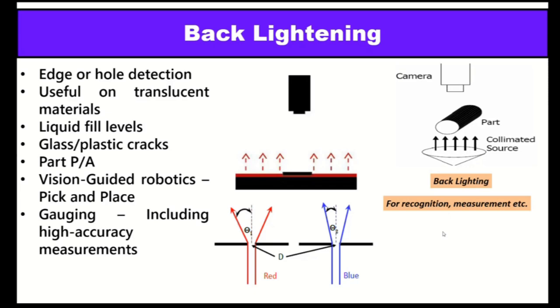Mainly it is useful for translucent materials or liquid-filled objects like bottles, or various types of consumer products, glass, plastic, to find cracks. So for high accuracy measurements, you use backlighting on transparent and translucent materials.